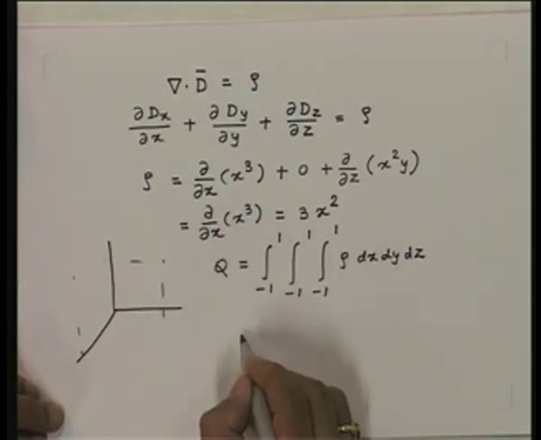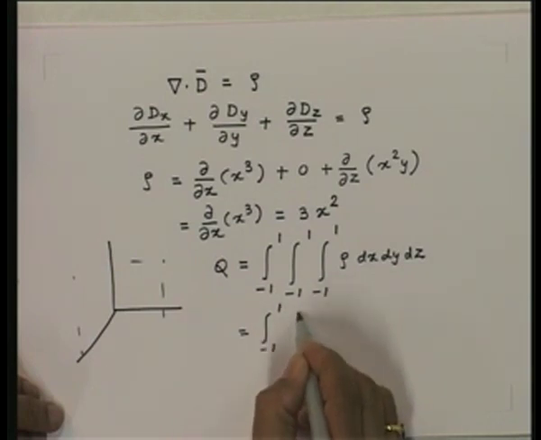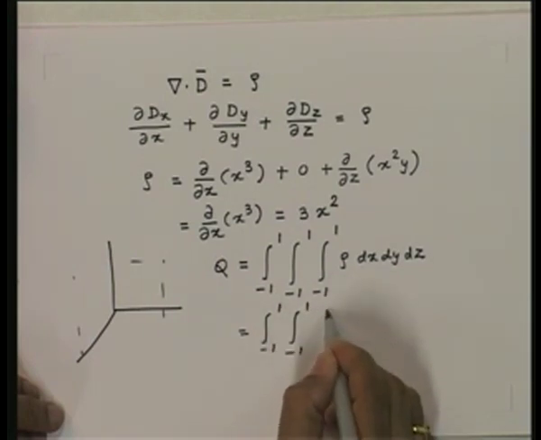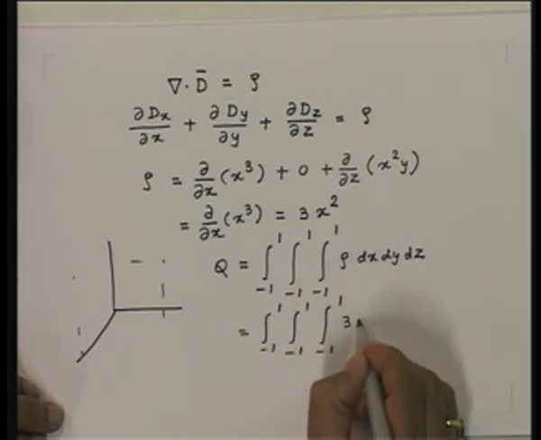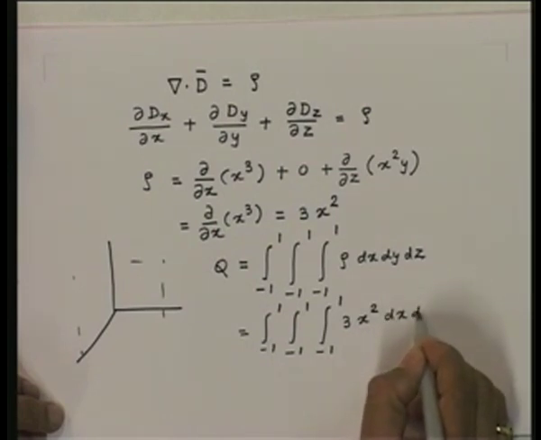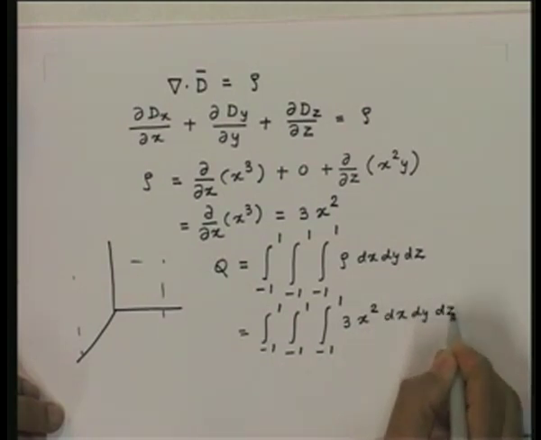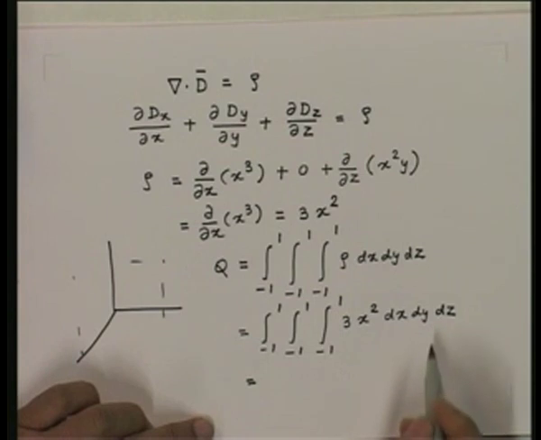Substituting for rho in this, that will be minus 1 to 1, minus 1 to 1, minus 1 to 1, 3 x square dx dy dz, which we can write this quantity integration with respect to y will give me 2, with respect to z will give 2.